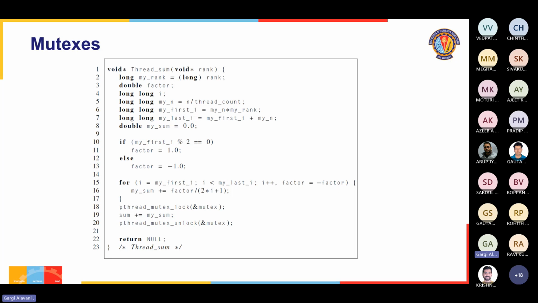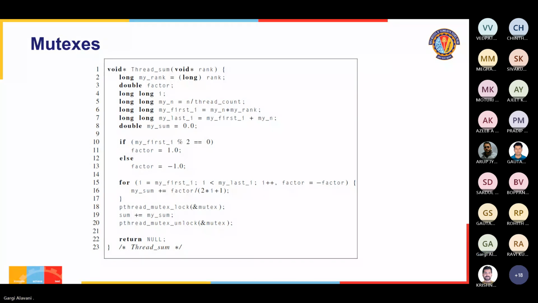Okay, so we have seen that busy waiting is generally not an ideal solution, because it will limit the access to critical section. And the two better solutions in this scenario would obviously be using mutexes or using semaphores.